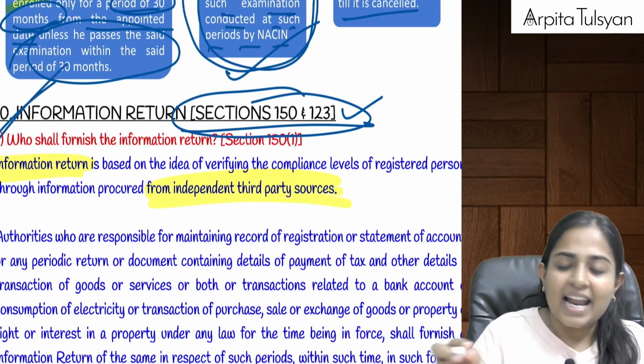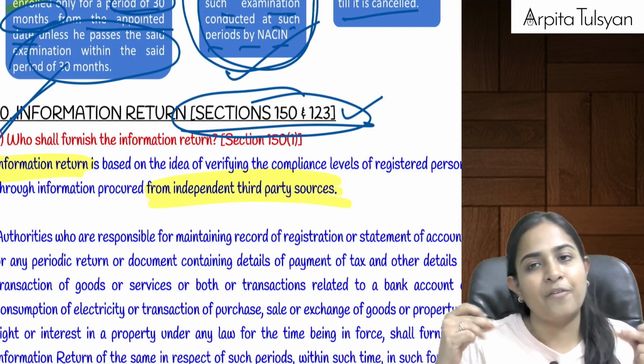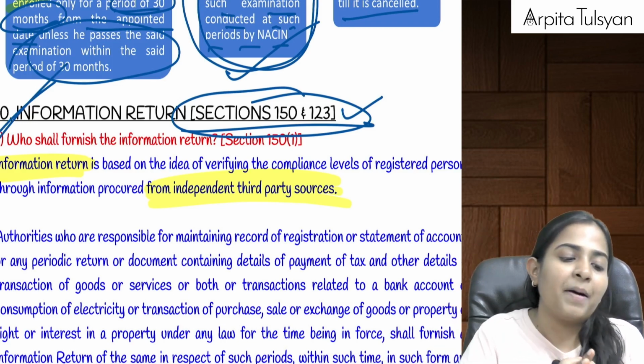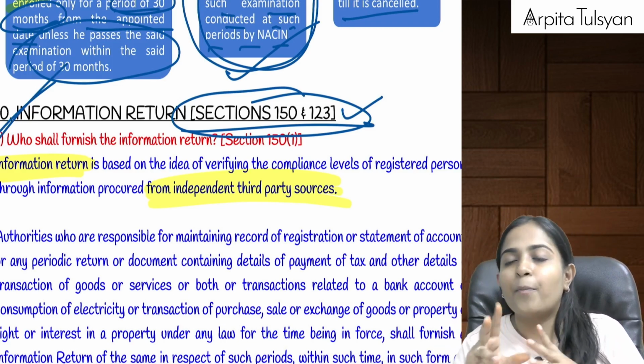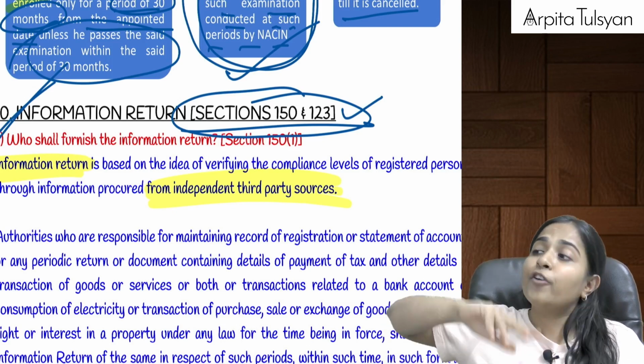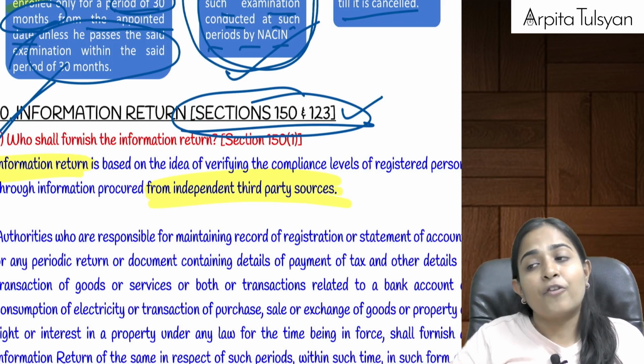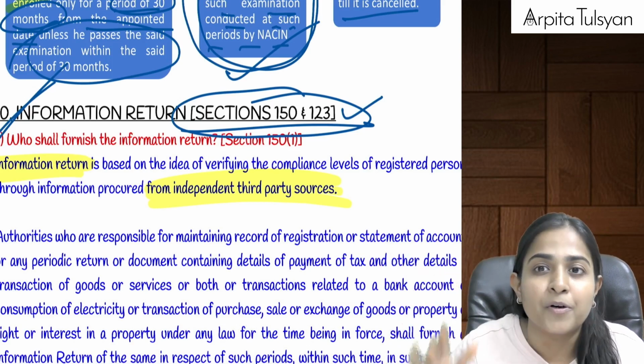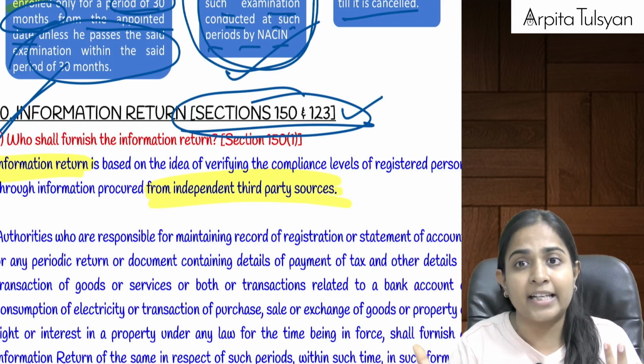Yes. And the last one is your information return. If the GST department, the commissioner, or any proper officer under GST wants any information from any third person, from any other department, because it wants to reconcile the data.